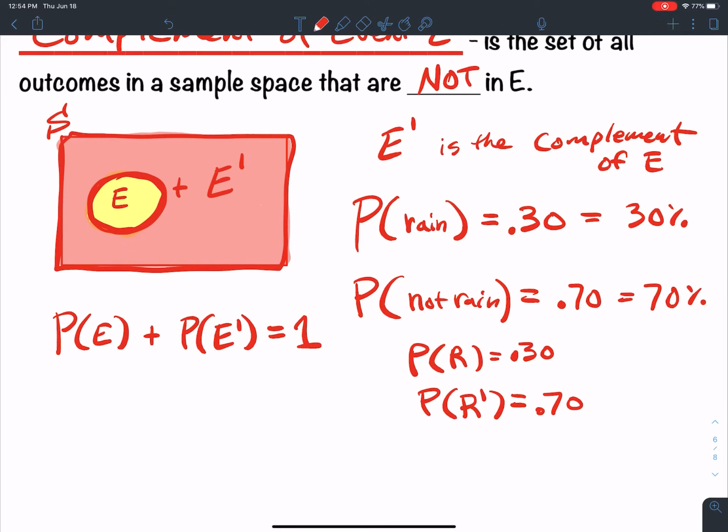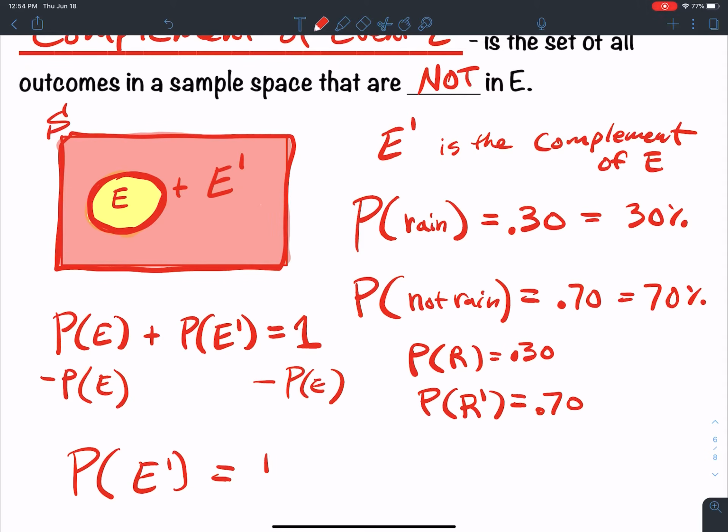The probability of it not raining or raining, that's everything that could happen. It is either going to rain or it's not going to rain. That's 100%. So if I want to solve for P of E, what do I do? I subtract this P of E here. And so the probability of not E is equal to 1 minus the probability of E.